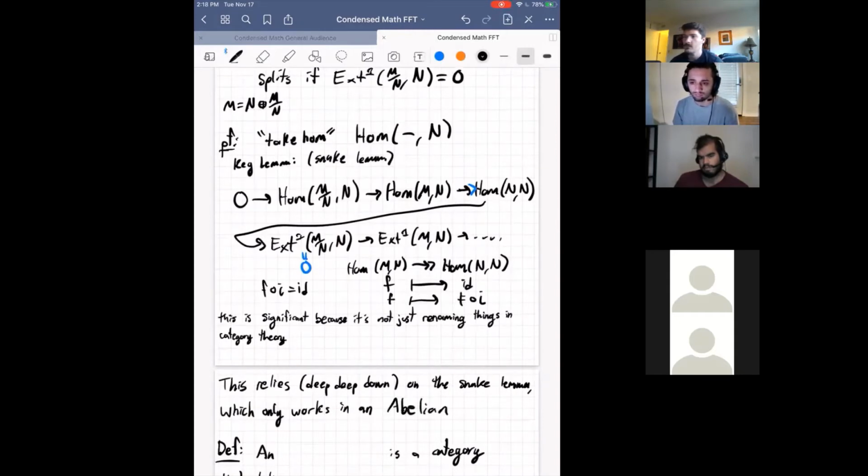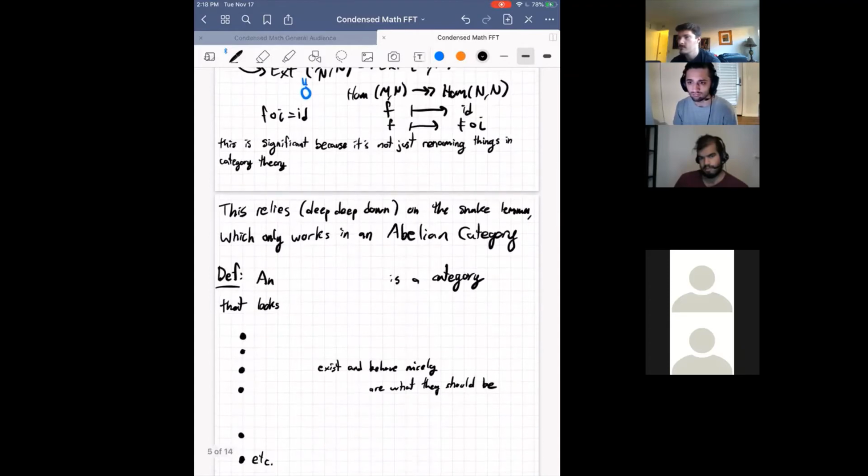An abelian category is a category that looks like abelian groups.